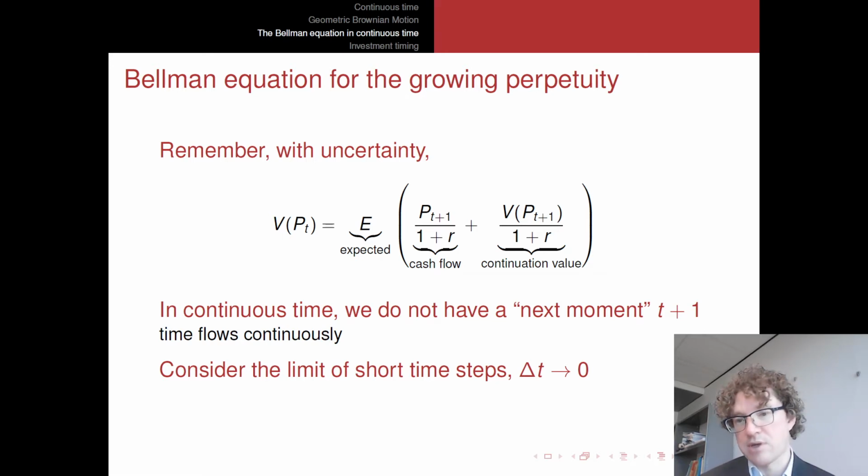So the way in which we'll go about finding what the Bellman equation in continuous time looks like is by taking a limit of this expression in discrete time. And what limit? The limit in which the time steps between different periods become smaller and smaller, so the limit in which these time steps delta t, the difference between time today and time tomorrow, goes to 0.